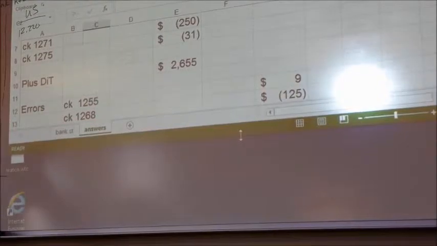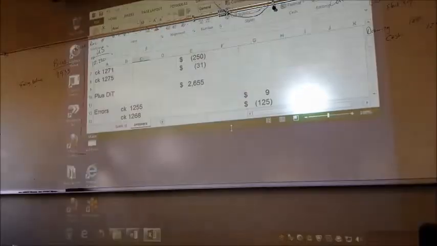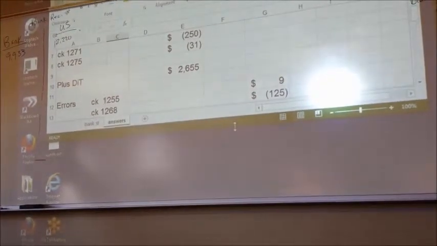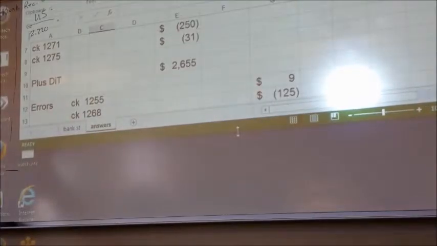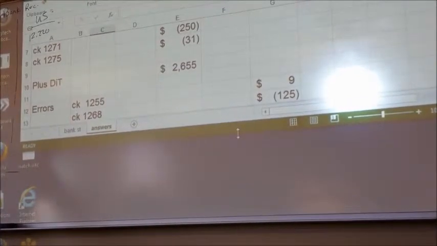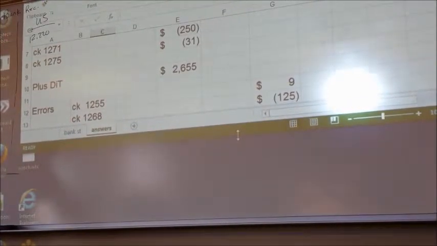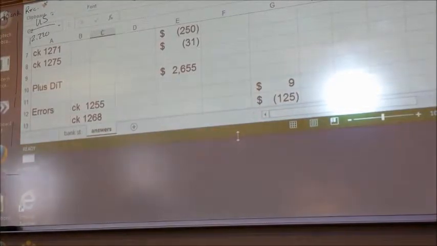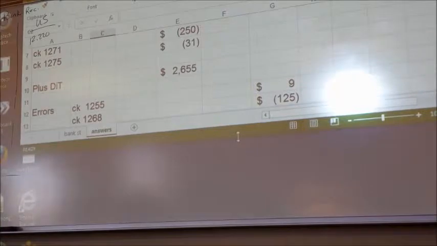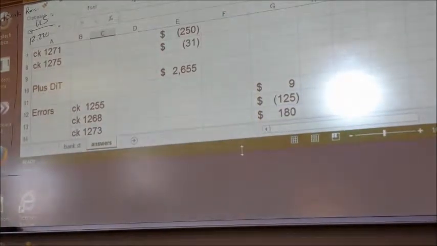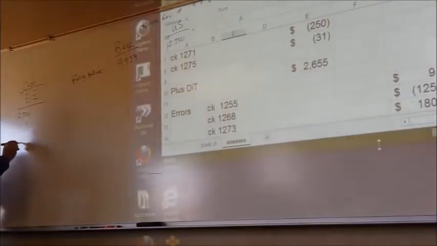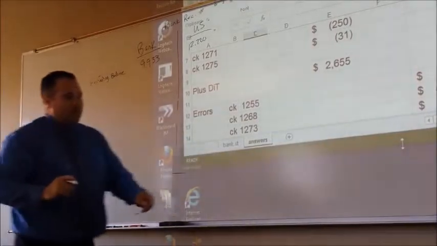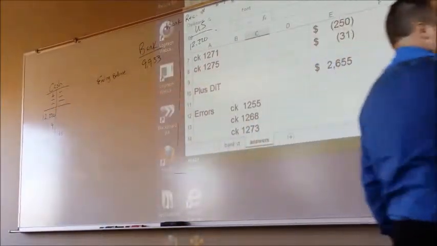The next error is all the way down to 1273. What do I need to do there? What do you think to my cash? Because there's an error. You got a debit cash. Debit my cash, correct. I need to add $180 back on my books, because I took out too much from my wages.